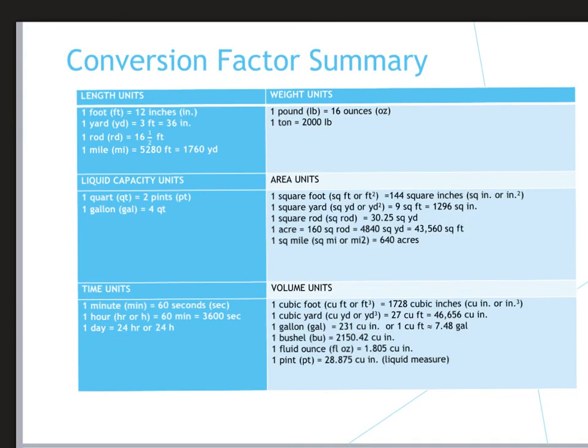Here is a conversion factor summary from section 2.2, covering all of the U.S. customary units that we have worked with. This is also in your textbook. Remember, you have access to that digitally through My Math Lab, and of course you have access to the PowerPoint.